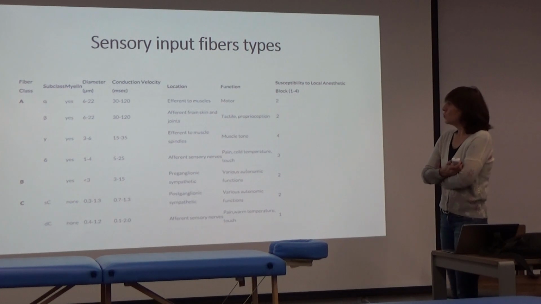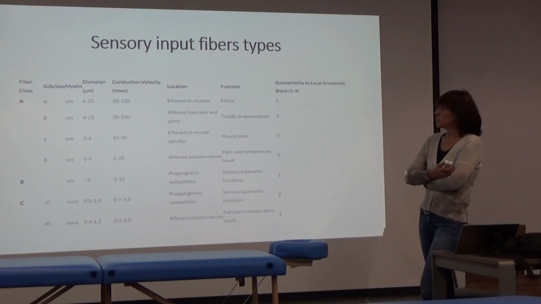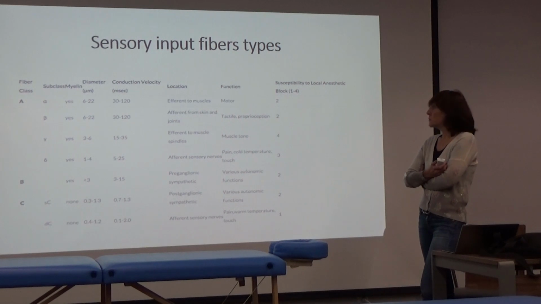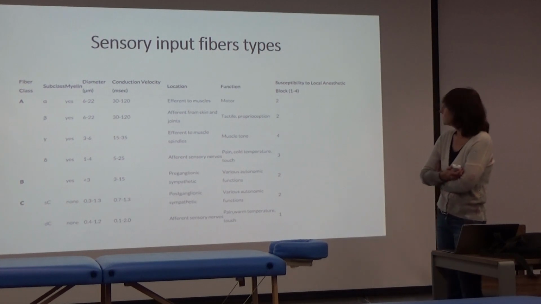So as we said before, we have different types of fibers which conduct the signals. And some conduct the signals very fast, which means about from 30 to 120 meters per second. And some of them are really slow, from like 3 to 15 meters per second.